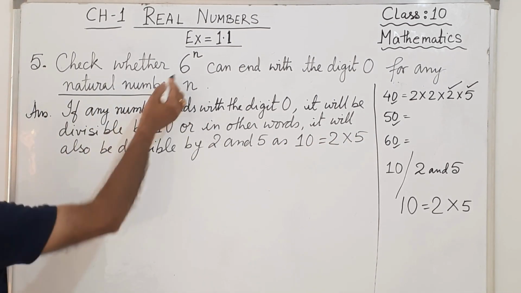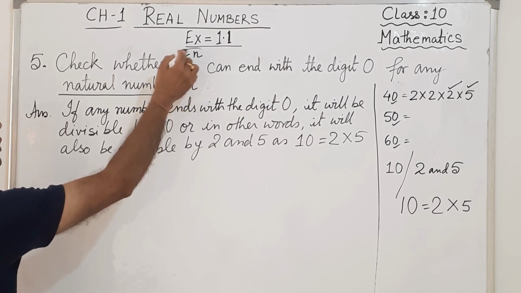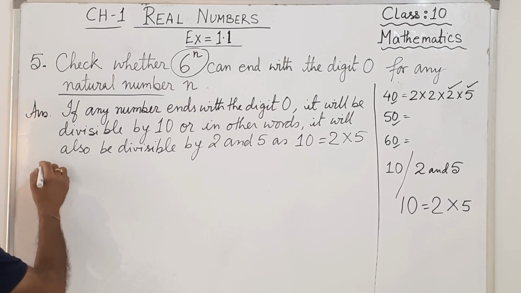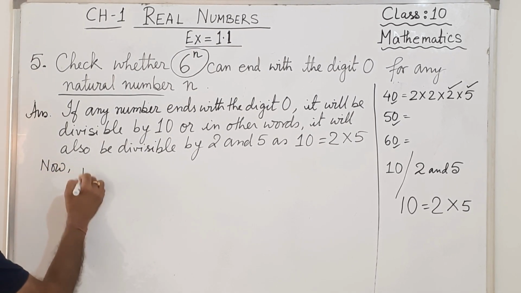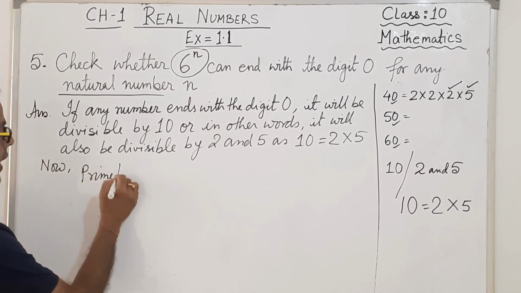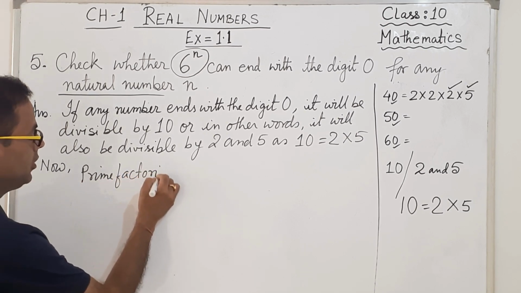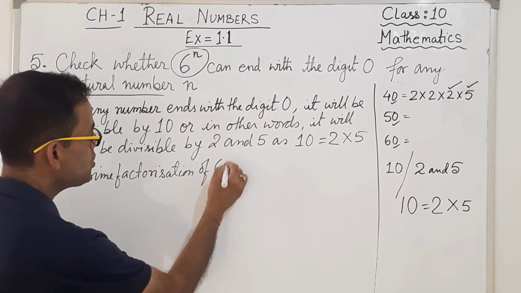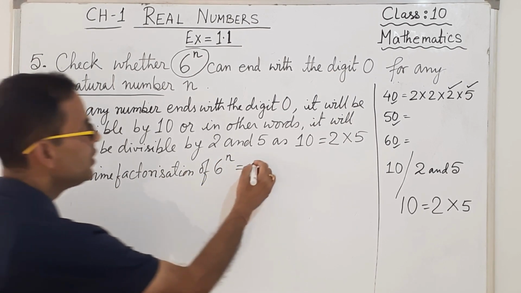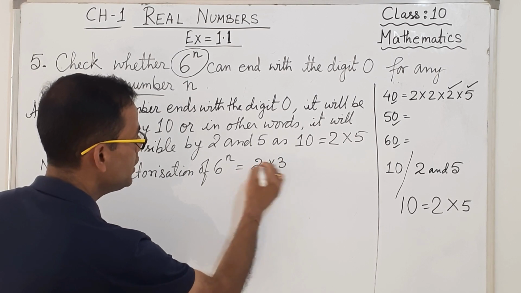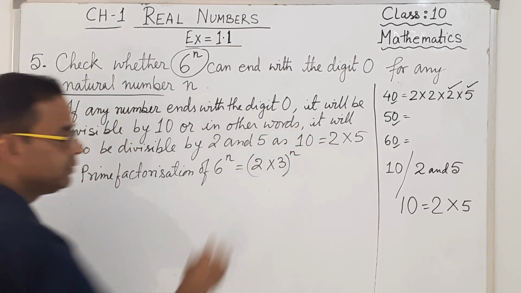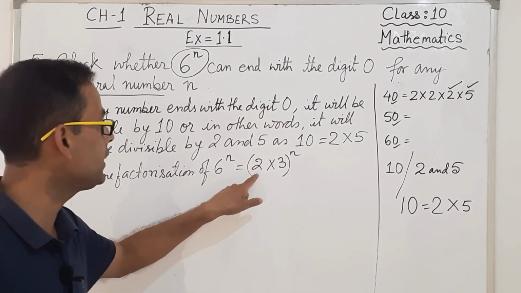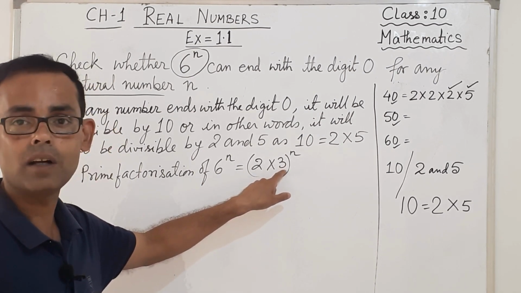Now we will find out the prime factors of this 6 to the power n. Prime factorization of 6 to the power n is what? 6 means (2 into 3) to the power n. Clear? Now you see here 6, when we find out the factors, 2 and 3 are coming. Okay.